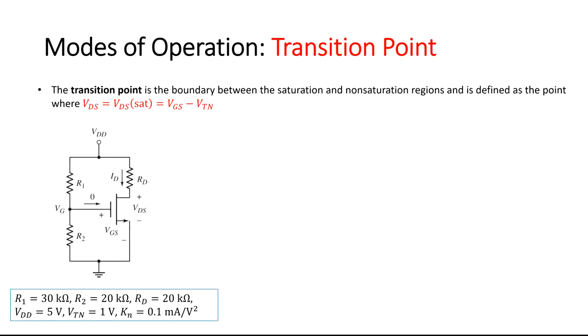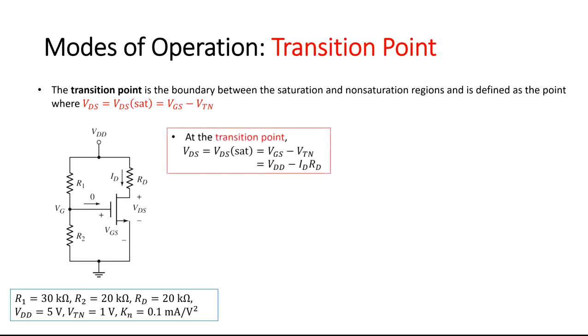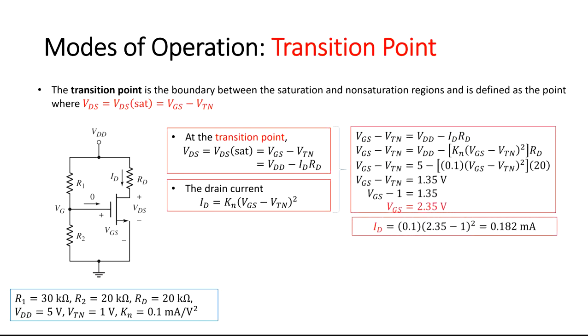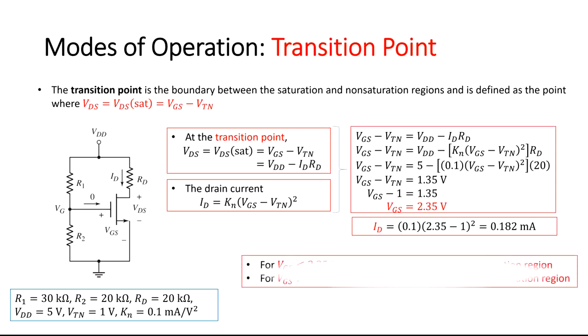We can express the saturation level of the drain to source voltage and the drain current. Then, by combining these two equations, the transition point of the transistor and the corresponding drain current can be calculated. Finally, based on the calculated gate to source voltage, the modes of the operations are clarified.